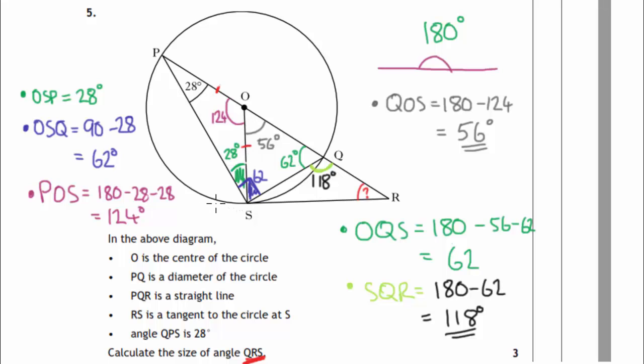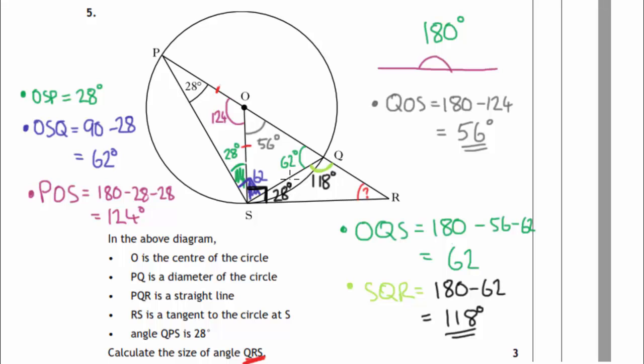This is meeting this line at a tangent, so that is going to also be a right angle. If I account for 62 degrees of it, then that side here must be 90 minus 62, and that is 28 degrees.